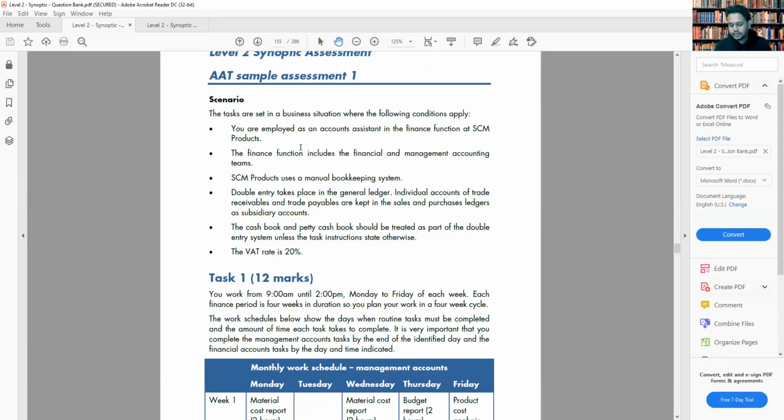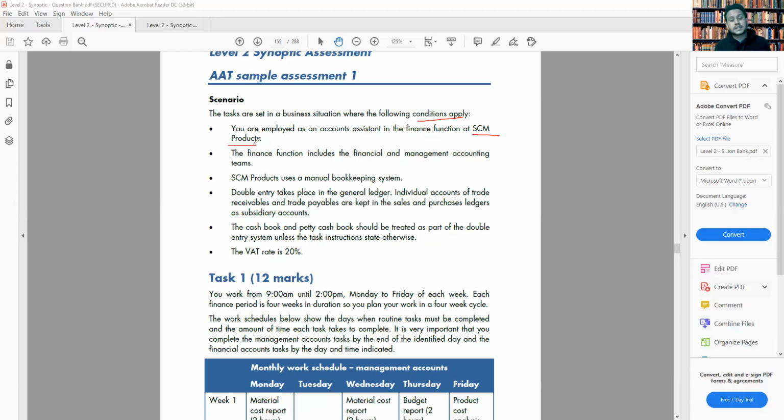The scenario says the tasks are set in a business situation where the following conditions apply. You are employed as an accounting assistant in the finance function at SCM Products. So basically, I am working somewhere as an assistant accountant, as an employee.